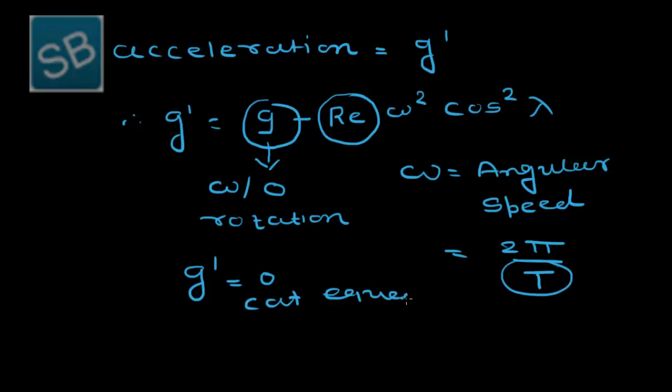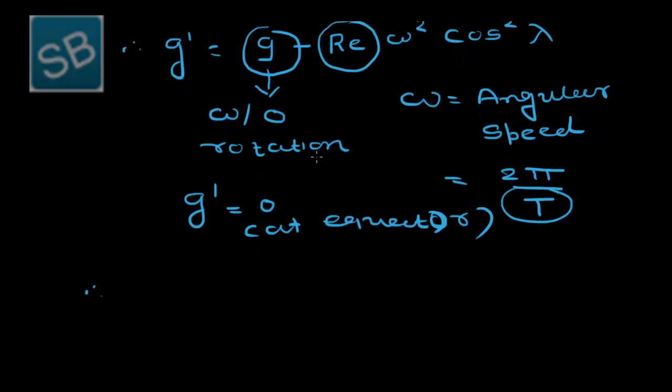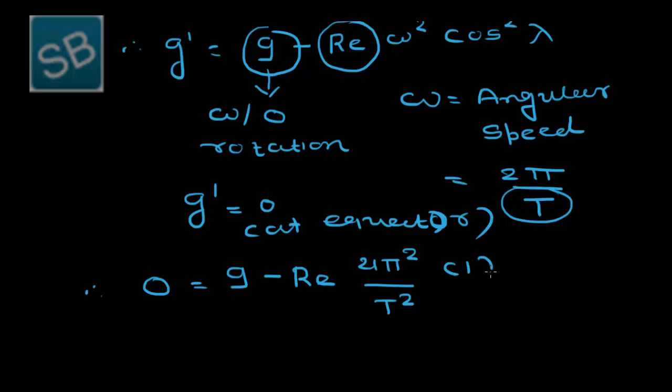So for this condition, substitute 0 in this equation. So 0 is equal to g minus RE omega square, that means 4 pi square over T square, and cos square lambda, that is 1, because cos 0 is 1 and 1 square is 1.